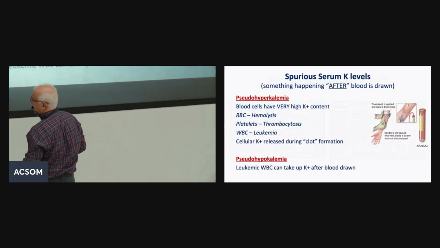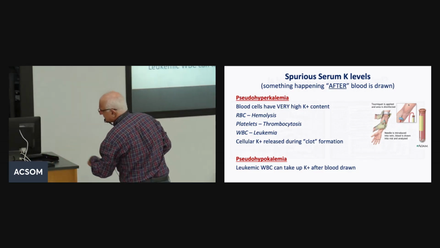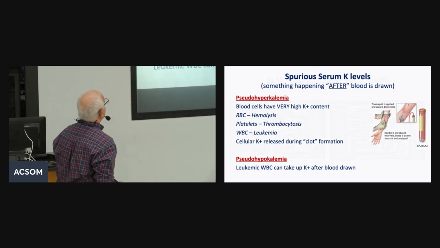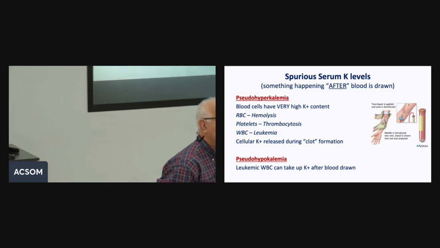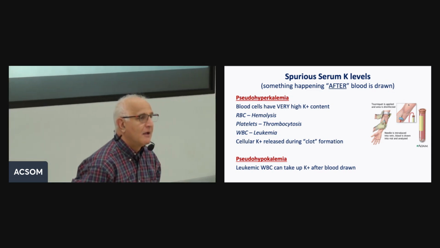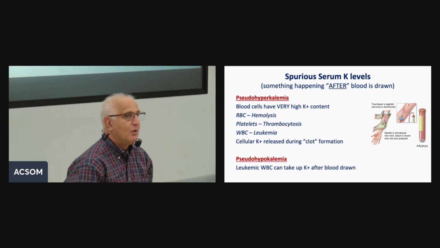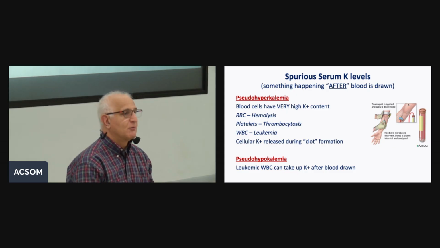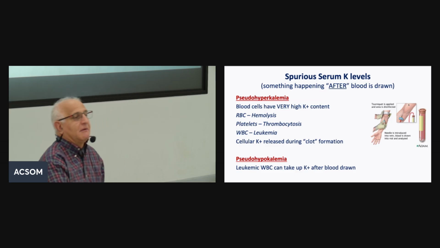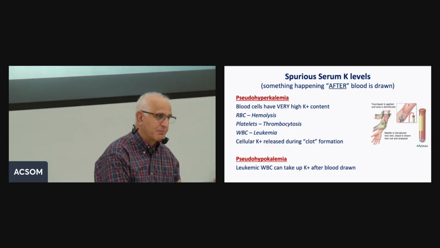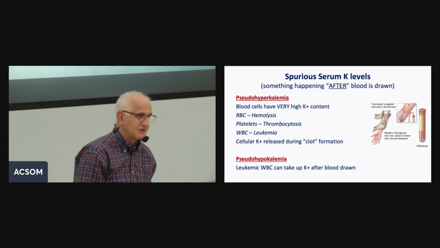Another thing you and I need to know is spurious serum potassium levels, meaning that you can check serum potassium level, and it will be through the sky. But it's not through autopsy. They're doing it on purpose. There are people watching it actually.